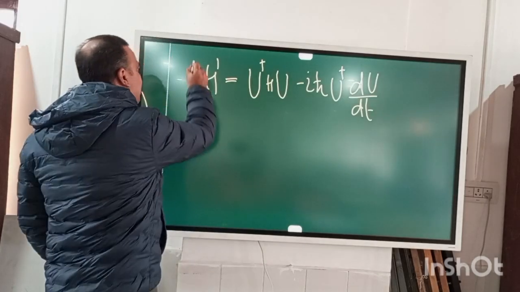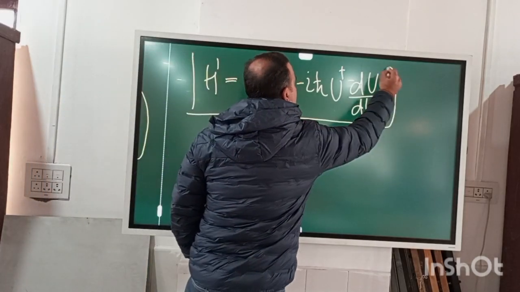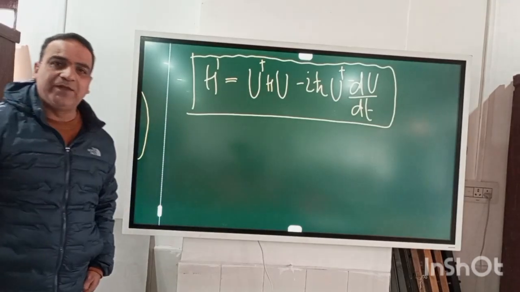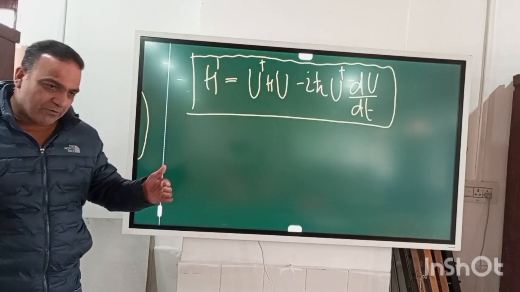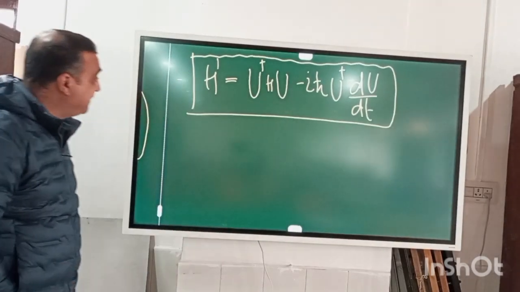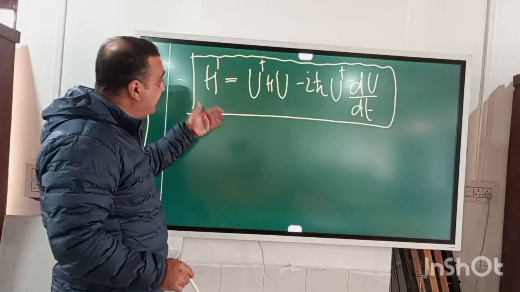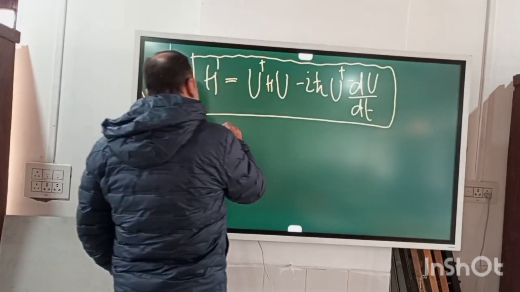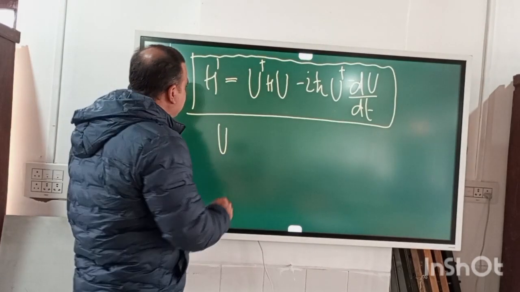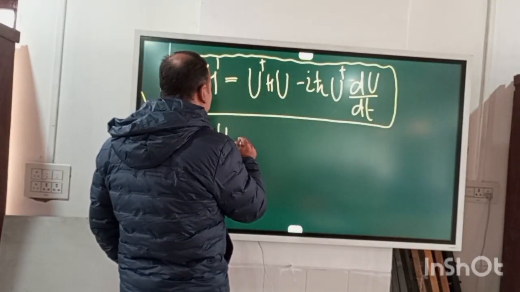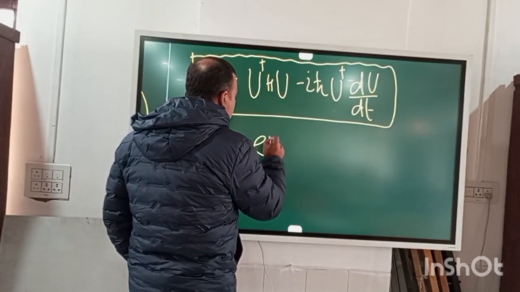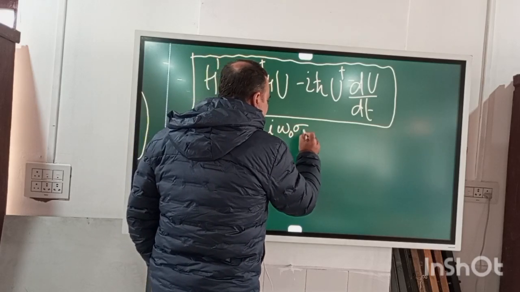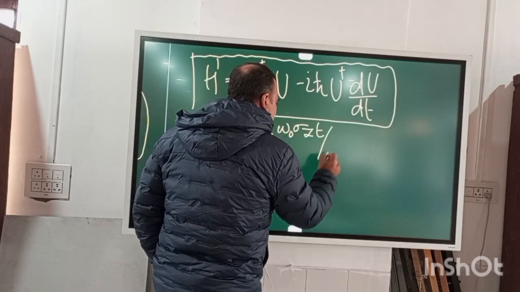So this is our Hamiltonian for this system in a rotating frame of reference, where U is the time evolution operator, and this U is e to the power of i omega naught sigma z t by 2.